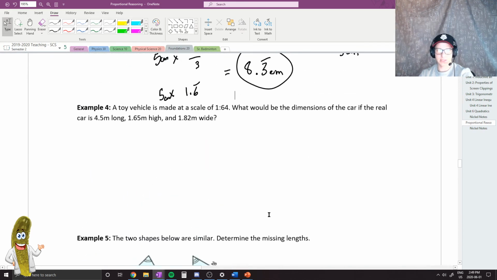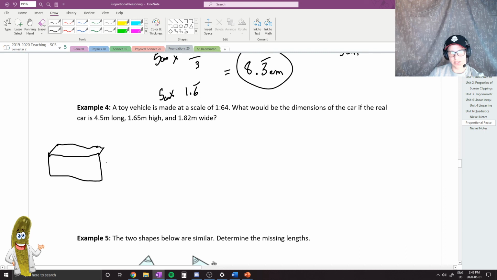Okay. Example number 4 here says a toy vehicle is made at a scale of 1 to 64. What would the real dimensions of the car be if the real car itself, so I'm going to draw a really, really bad boxy car. We'll call it the Nissan Cube. Like that.